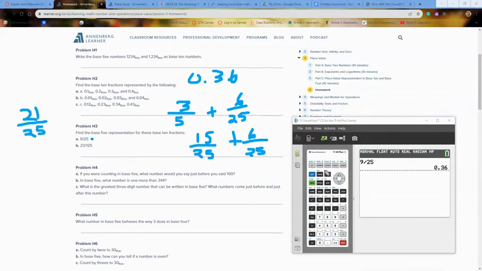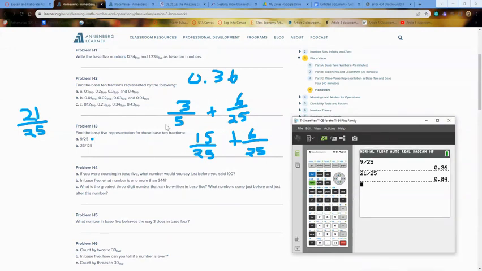And if I wanted to turn that into a decimal, I can just grab my calculator and then I would do 21 divided by 25. And then I would get 0.84 as a base 10 fraction. Okay.